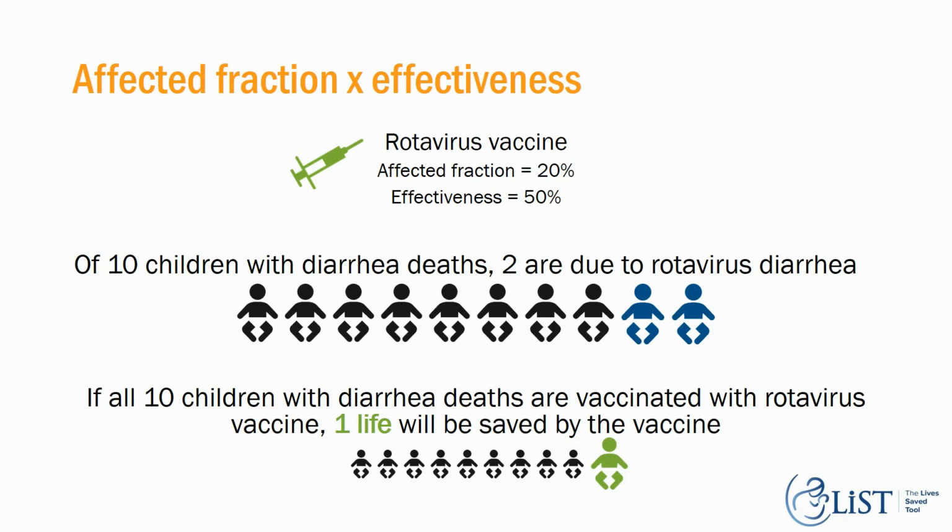But because the effectiveness of our rotavirus vaccine is only 50%, of those 2 children, 50% will be saved by this intervention and 50% will not. So essentially, the conclusion is that if all 10 children who are dying of diarrhea death are vaccinated with the rotavirus vaccine, only 1 life will be saved by this vaccine.